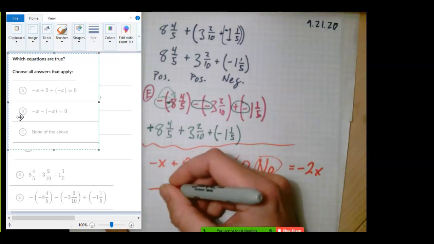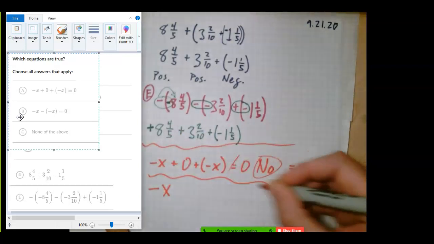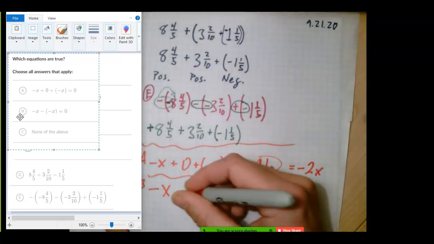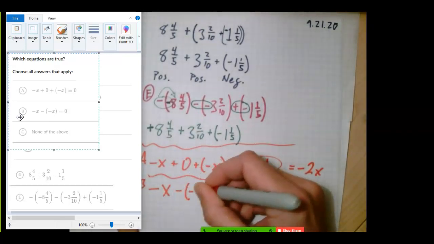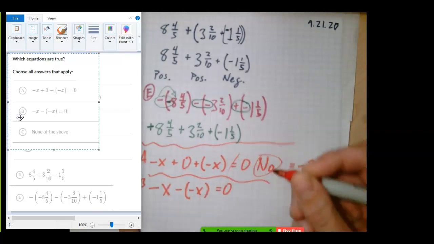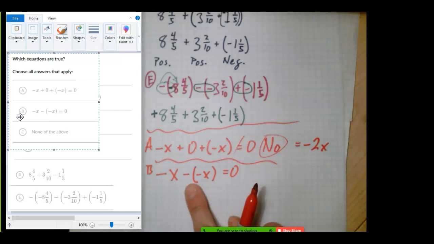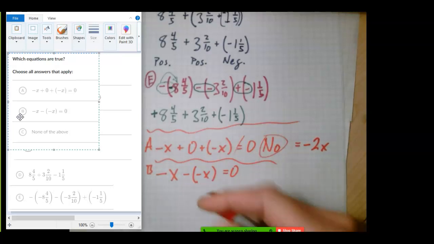B says negative x. This is A, this is B. Negative x minus negative x equals 0. So minus a negative x, well, hopefully we're all with me that minus a negative becomes plus a positive.